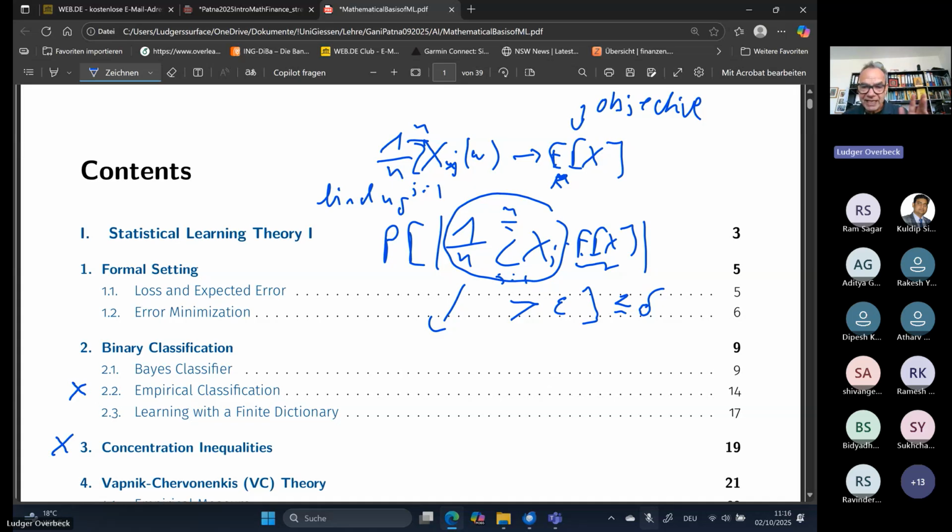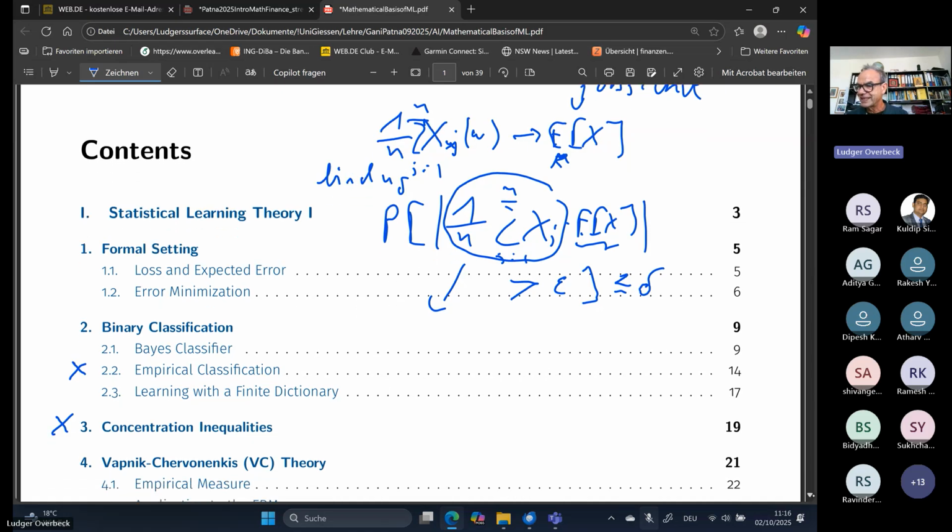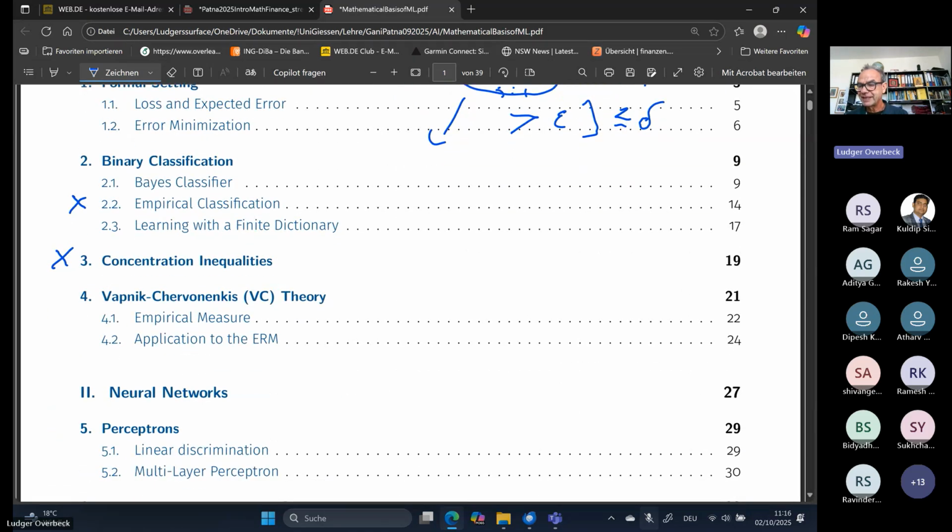It's kind of marketing, but from a mathematical point of view, that's concentration inequality and Vapnik-Chervonenkis theory. This tells you how close you want to be, for example, 99.98%, and you want an error smaller than 10 to the power minus 4. Then these two tell you how many data you need.